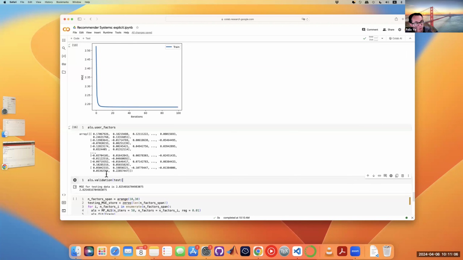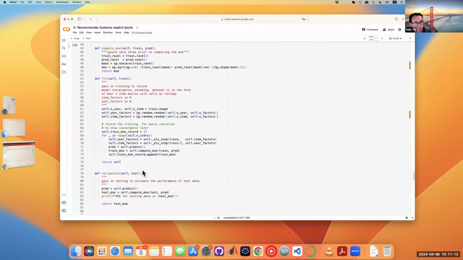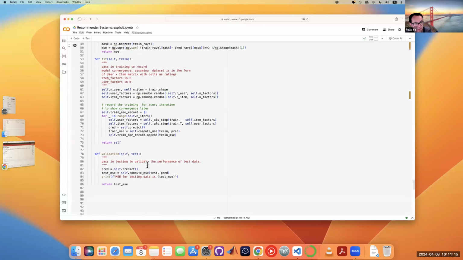Okay, so then what we do is test on the testing data set. This is validation here. I'm going to pass my testing data set to make these predictions. Then I'm going to compute the MSE between the test and the predictions. This is very simple.